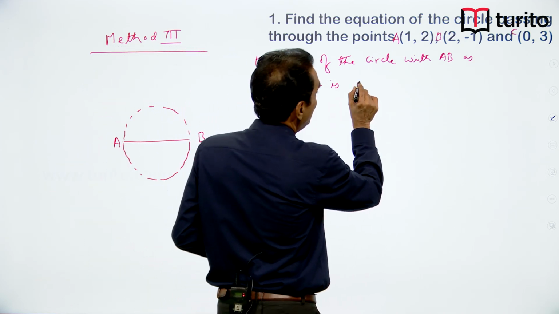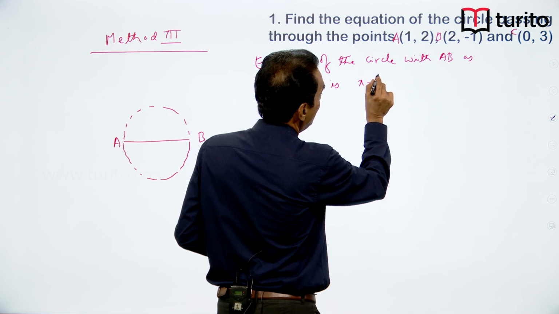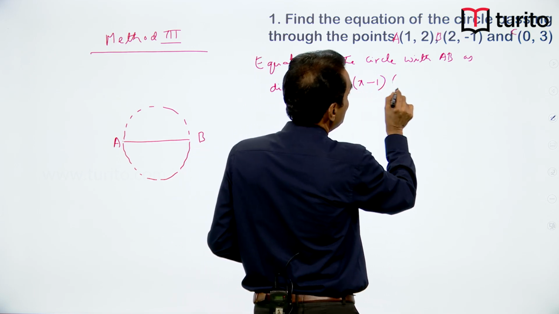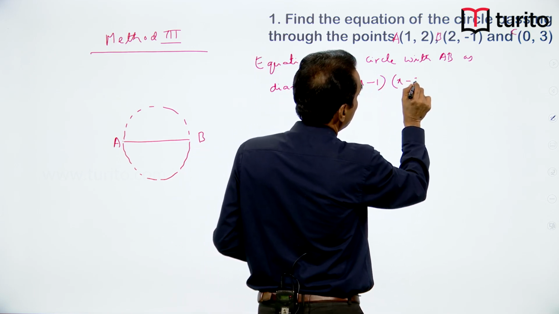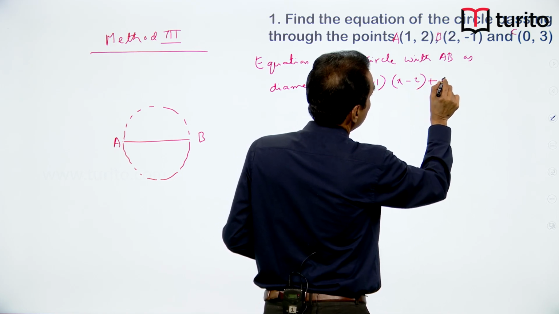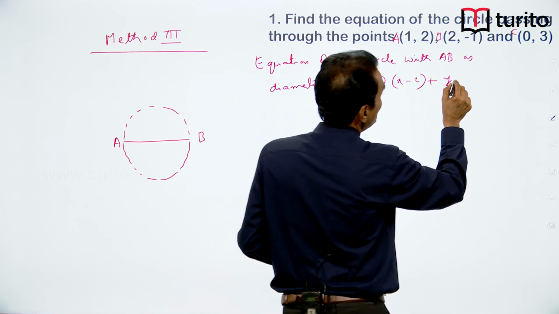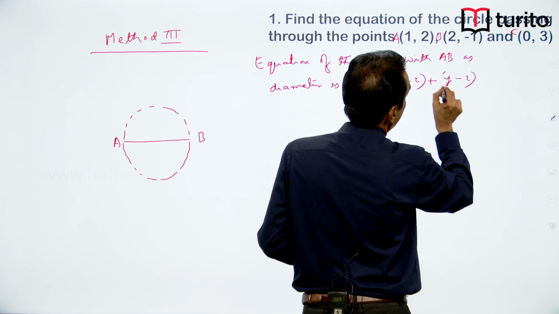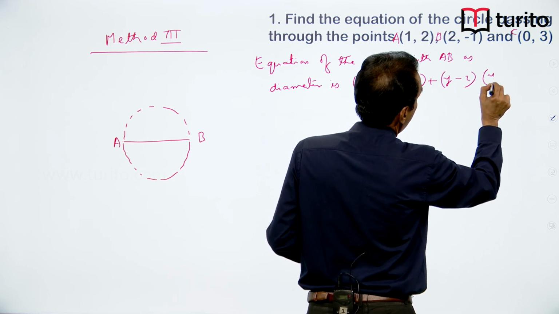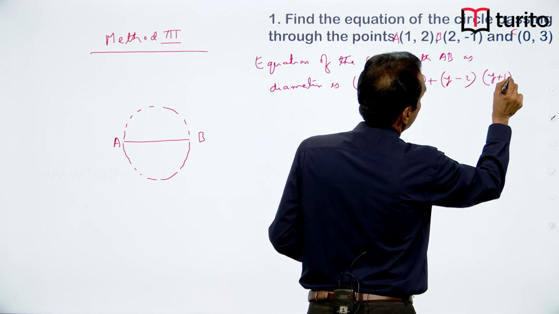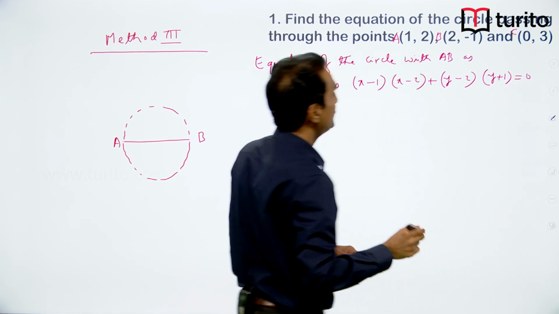So, it is x minus 1 into x minus 2 plus y minus 2 into y plus 1 is equal to 0.